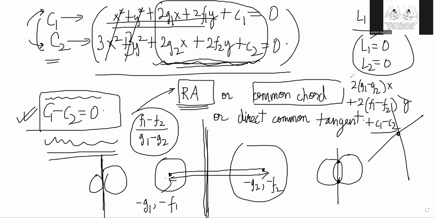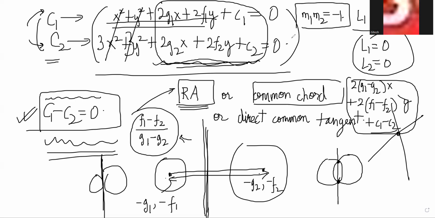What is the slope of this line? It is (g2 - g1) upon (f1 - f2). What is the product of that slope with this slope? It is -1. You know that if the product of slopes is -1, the lines are perpendicular.